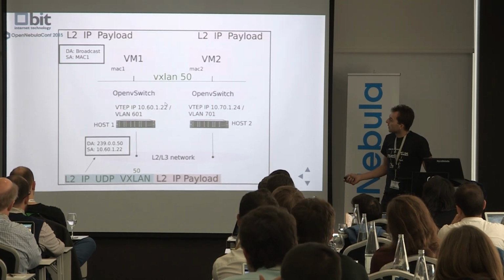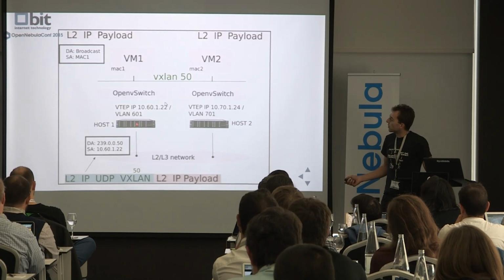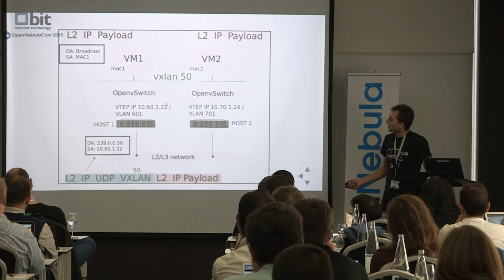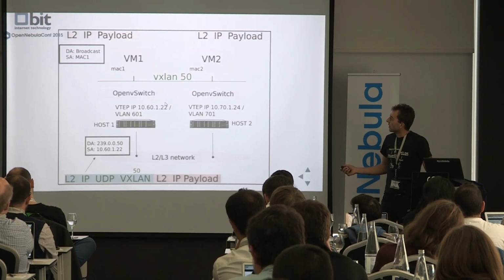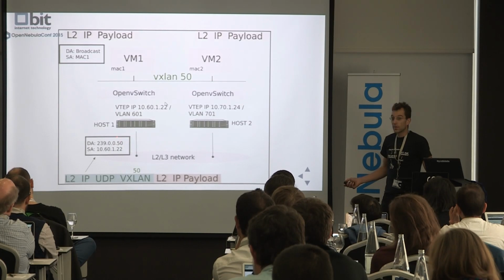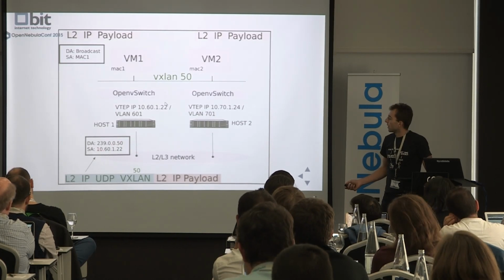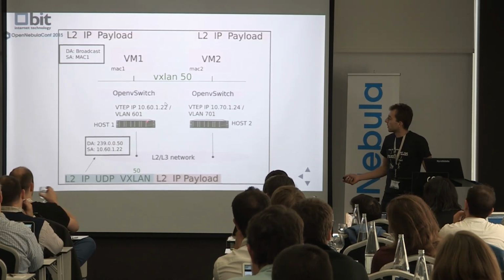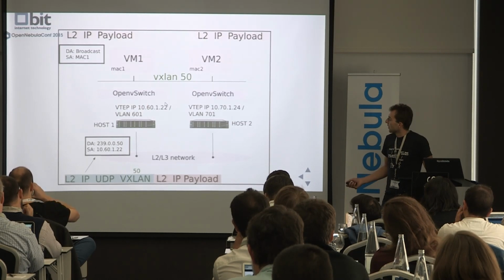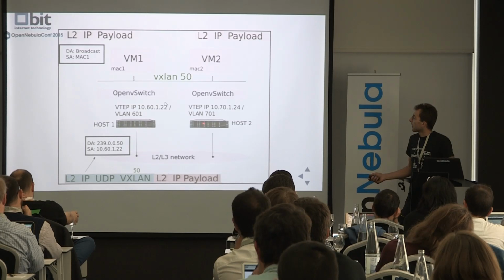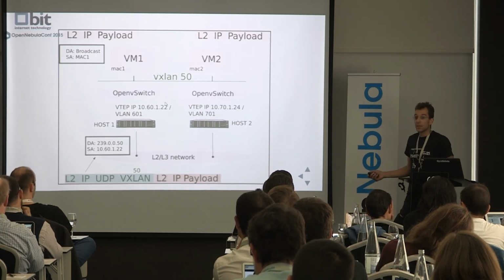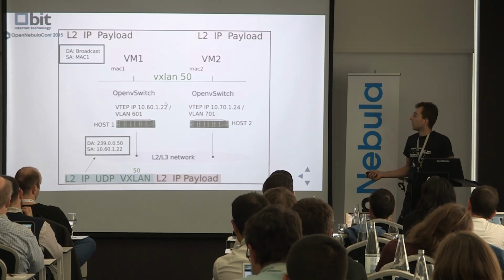This host will send the packet to the multicast group address, the destination address for VXLAN ID 50 over here, with the source address of this host.